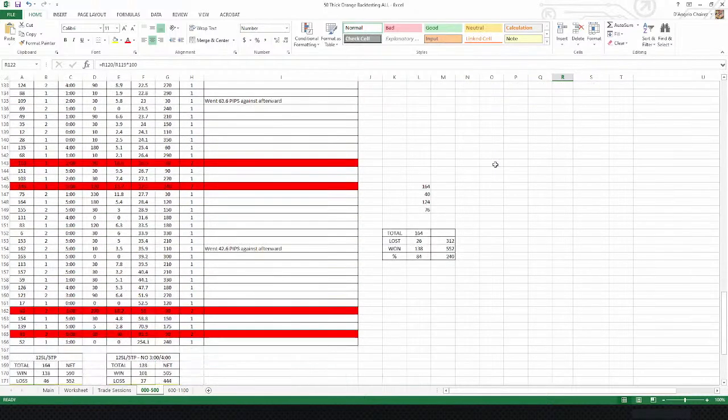And then I said, okay, well, let's look at it a little further. So we took this and we said, well, what if we did a 12 pip stop loss and a 4 pip take profit? Which makes it a 3 to 1, where a 5 pip take profit is less than a 3 to 1, right?